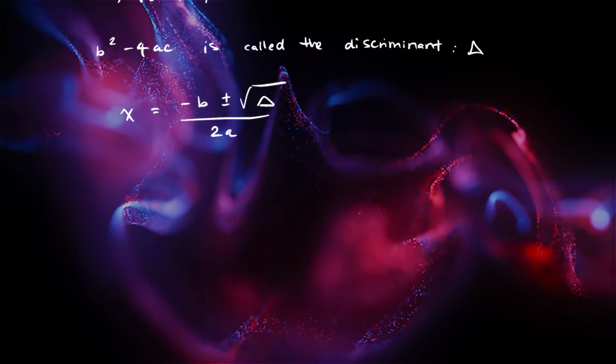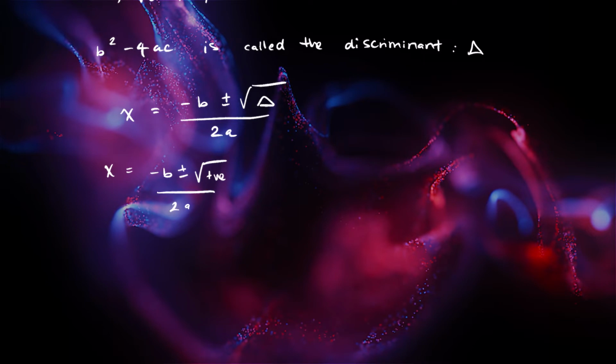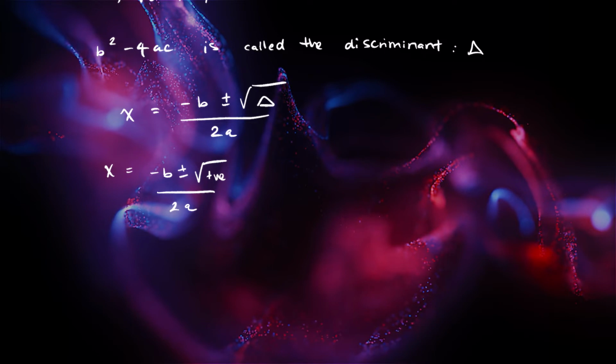So if the discriminant is positive, we have x equal to negative b plus or minus the square root of some positive number over 2a. Can we take the square root of a positive number? We always can. And so we're always going to have two solutions, and the roots will always pass through the x-axis.